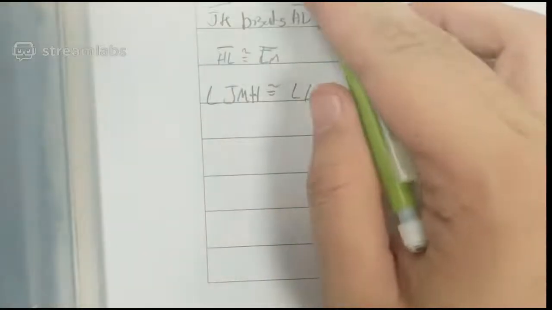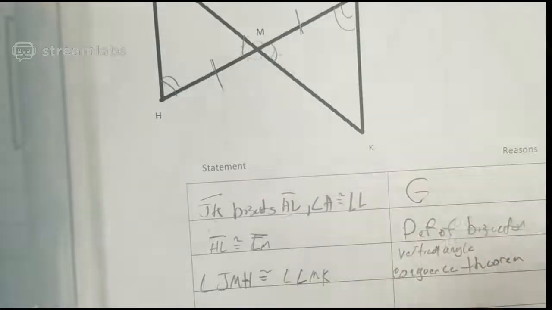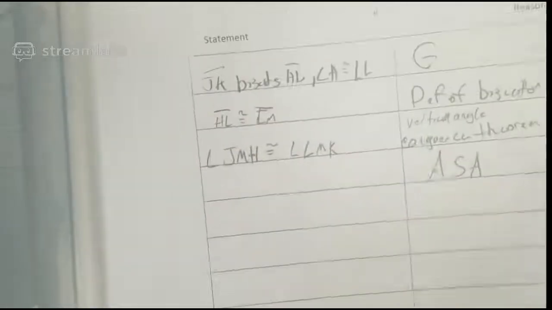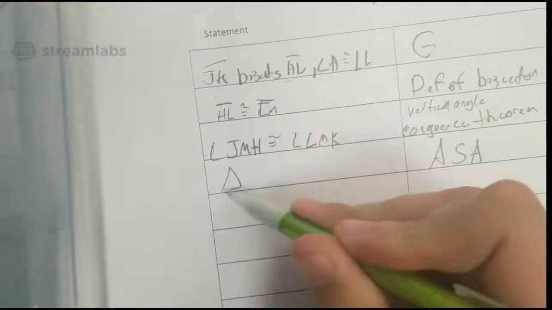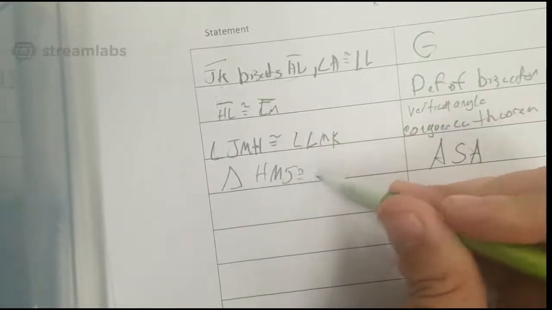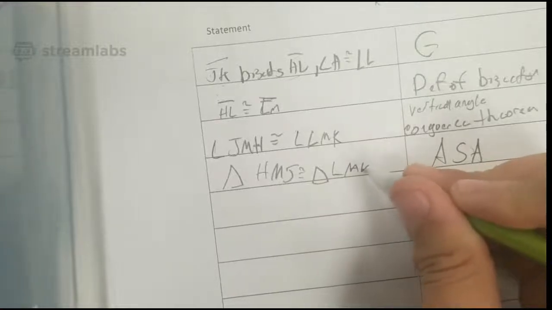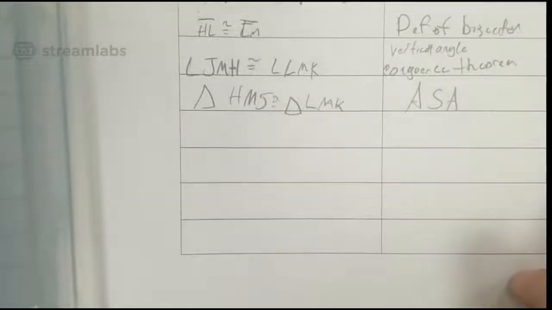So we have an angle, a side, and an angle, and the side touches both angles. So we should do angle, side, angle. That means triangle HMJ is congruent to triangle LMK. But here's my problem: the proof statement wasn't that.